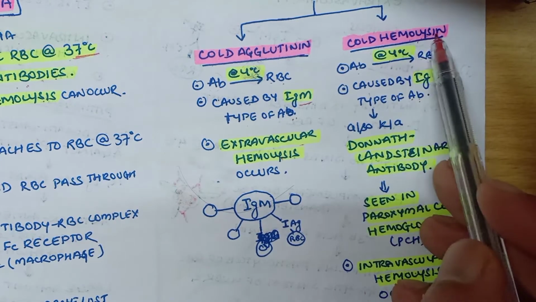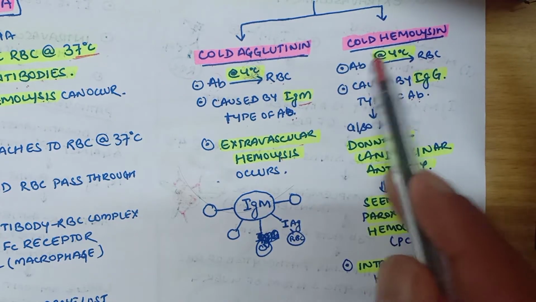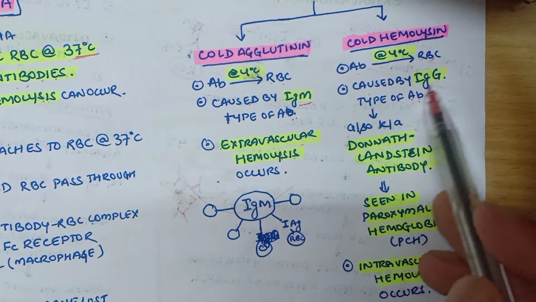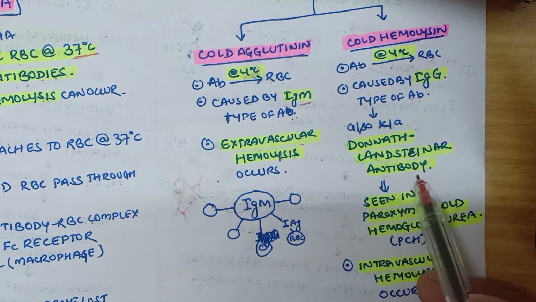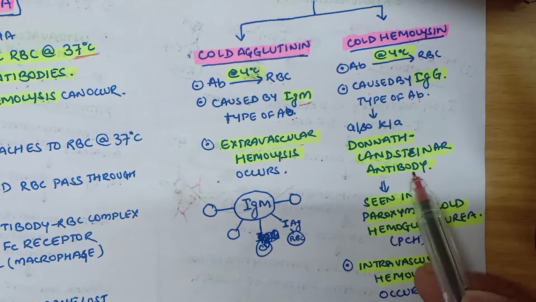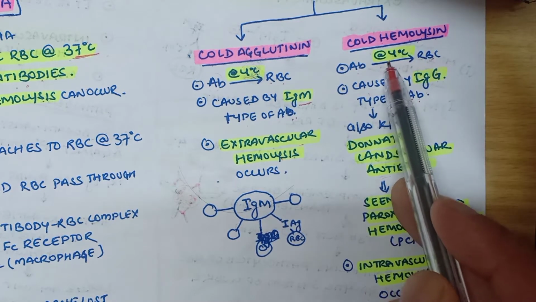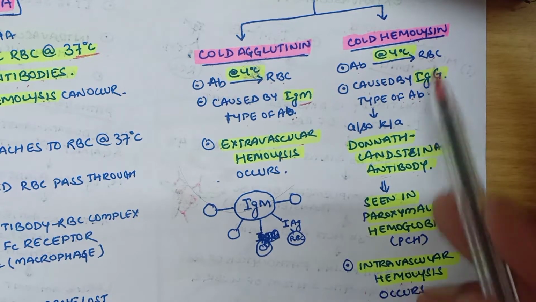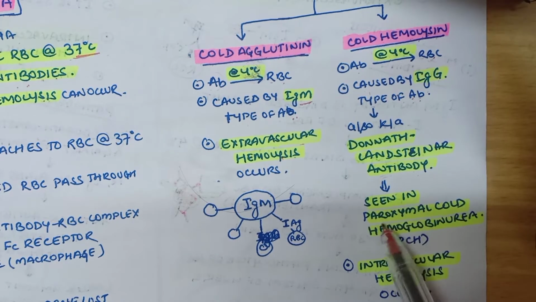Whereas cold hemolysin is caused by IgG type of antibody, also known as Donath-Landsteiner antibody, and this antibody will react with RBC at 4 degrees centigrade, and this will result in intravascular hemolysis. This cold hemolysin is also seen in paroxysmal cold hemoglobinuria.